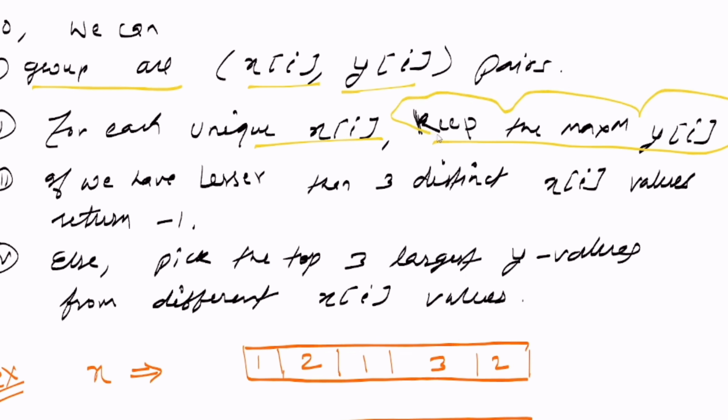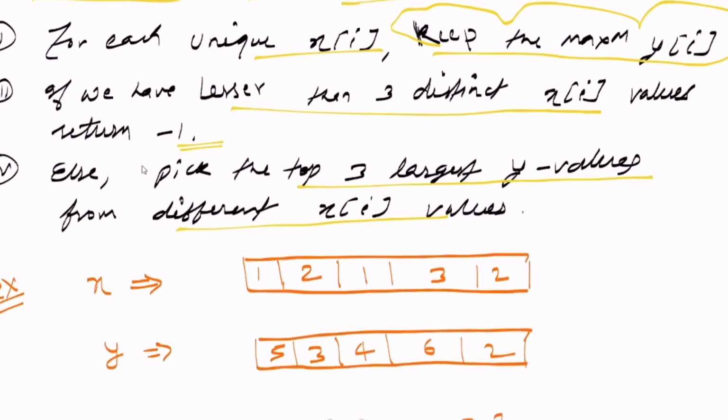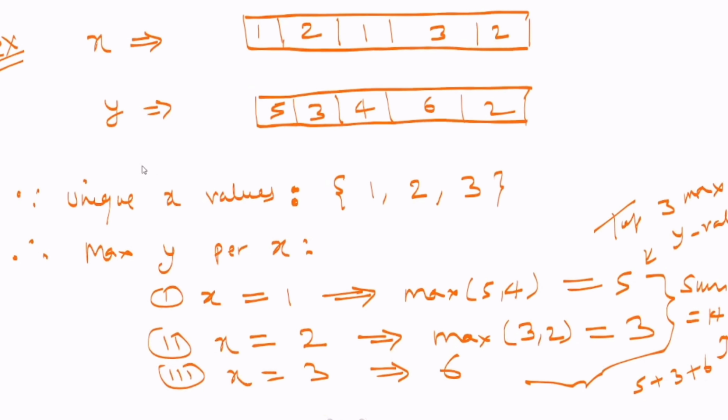If we have fewer than 3 distinct elements, we return -1. Otherwise, we pick the top 3 elements with the largest y values, and if we do the sum, we return the maximum.